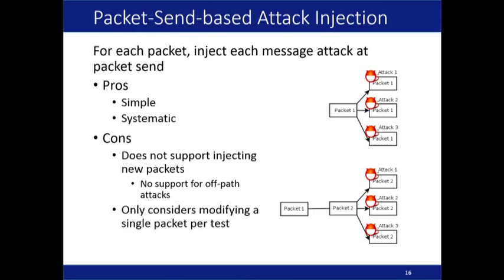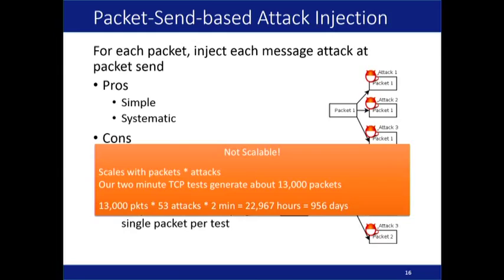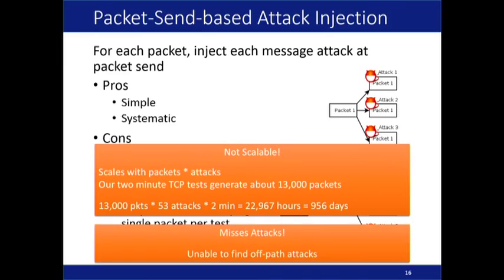However, it turns out that's not a huge limitation here, because even as I've specified it, packet send-based attack injection simply isn't scalable. Our 2-minute TCP tests generate about 13,000 packets, which would take us 956 days of computation to test. Fairly impractical. In addition, as I just mentioned, packet send-based attack injection misses this entire category of off-path attacks that we'd really like to be able to find.